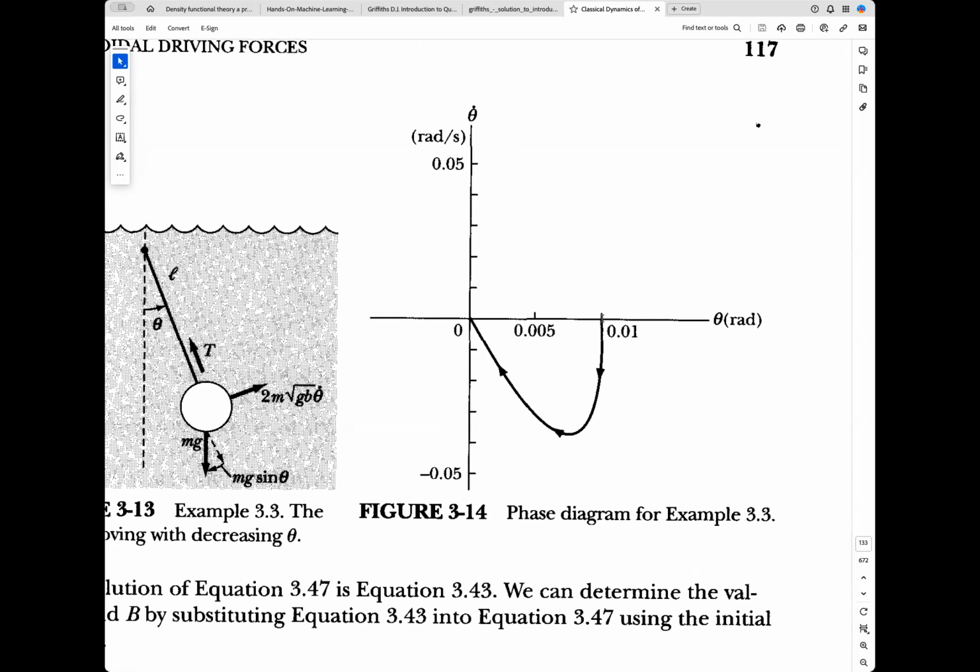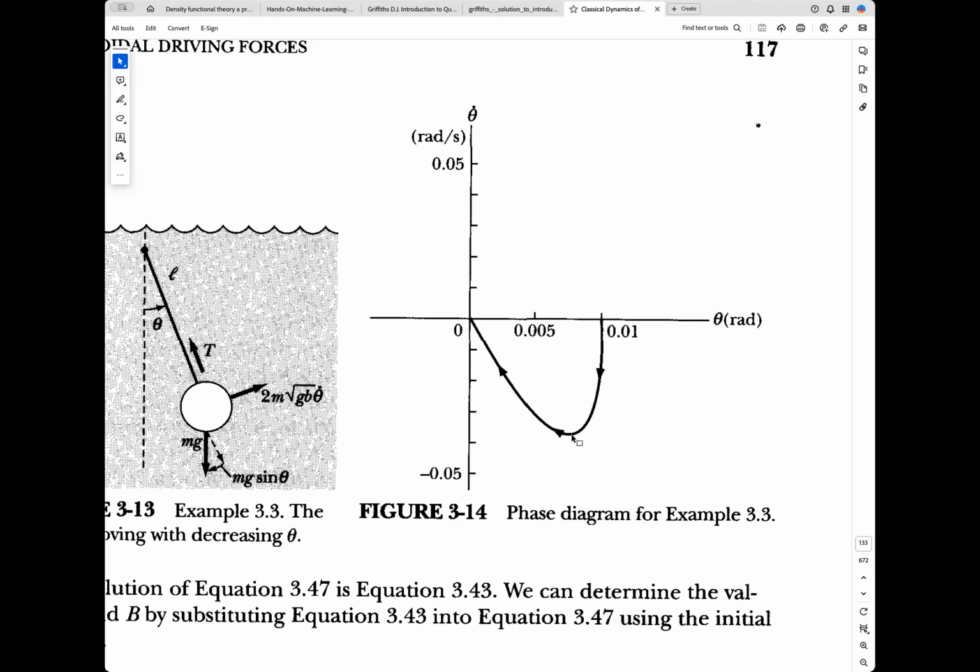The velocity here is negative or zero at this position, and due to inertia, the particle moves towards the equilibrium position. But as it moves over that short distance, its speed suddenly increases in the opposite direction.